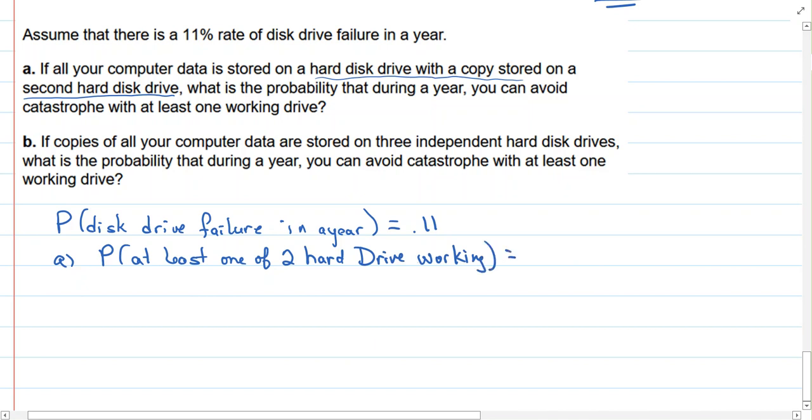Okay, so here we have two of them, and we want working. All right, well, this is failure. So we're going to say 1 minus 11 hundredths squared because we have two of the disk drives. So it says at least one hard drive working.